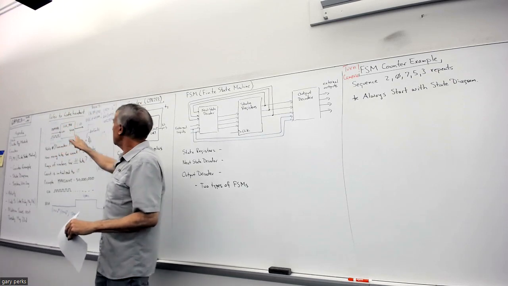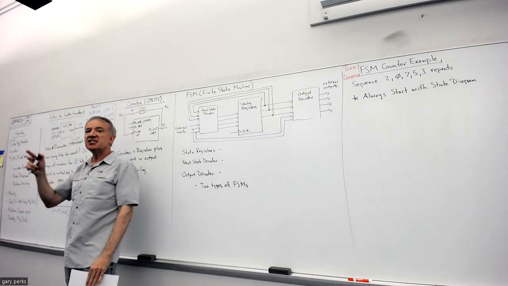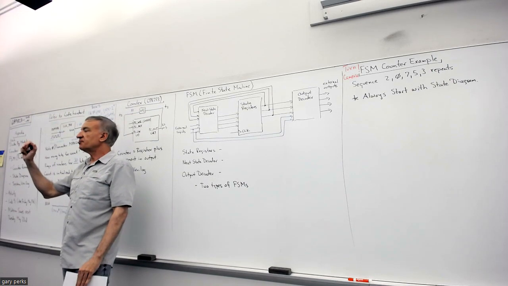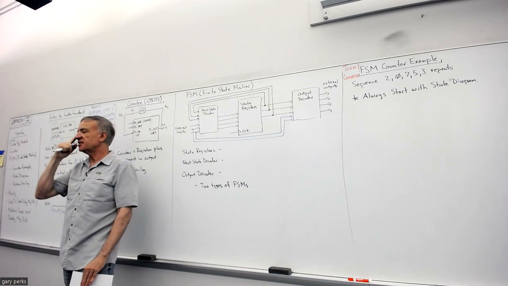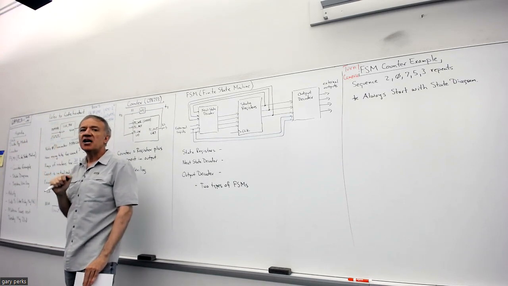Like I mentioned, a clock divider is part of Lab 6. Now you're going to be given the code for the clock divider because it's written in a different language. It's written in VHDL, if I remember correctly.